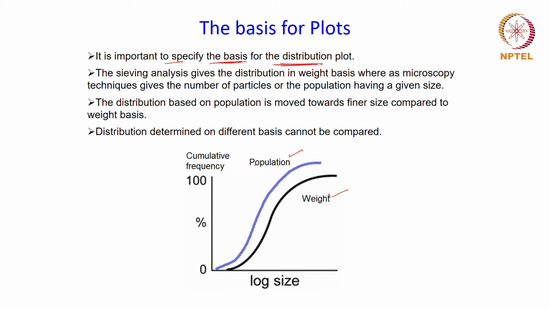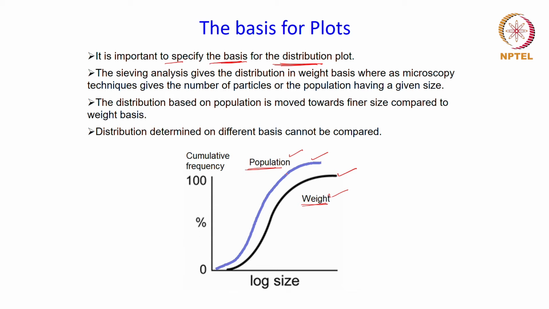Like here, for example, you can see these are the two plots which represent the same data of particle size distribution of a given powder, but since the basis is different, one is population, another is weight, they are not exactly the same, right. Although the trend can be the same because it is collected from the same powder sample, since the basis is different, they are not exactly identical, right.